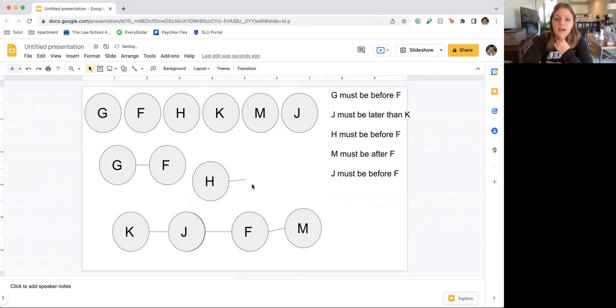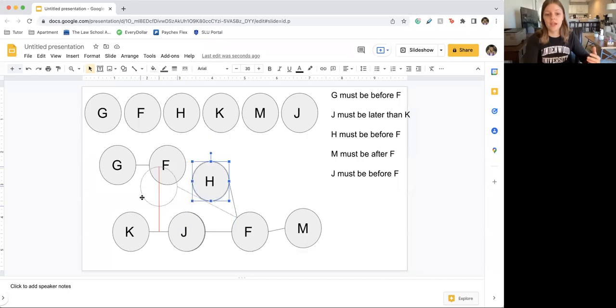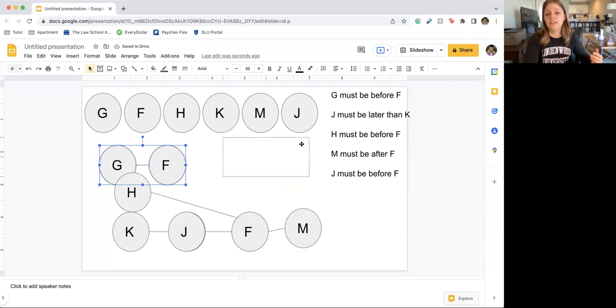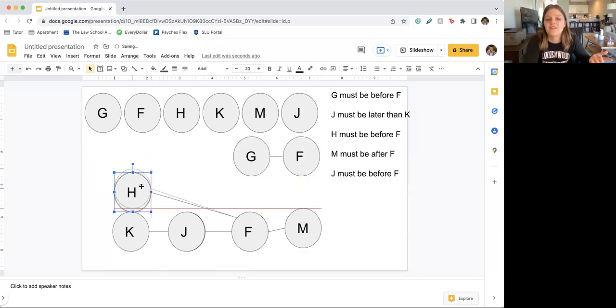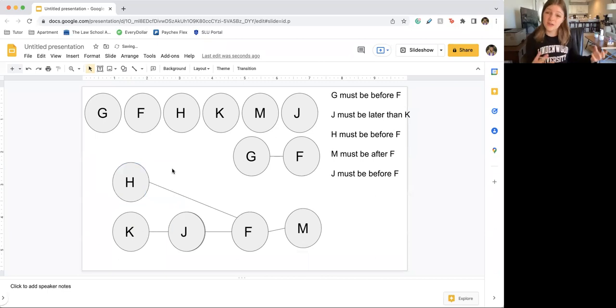But for this, I'm going to make it a little bit easier and move my line there, because H has no correlation to K and J or M. Even though H has to come before F, it does not have to come before M, or after K and J. So what I like to do is drag my H out by my first variable, so that it kind of equalizes it.